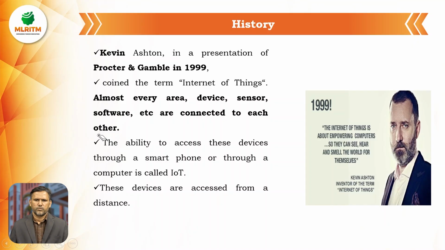As shown, the total area is covered with all the devices, all sensors, all gateways, all connected with the technologies. The ability to access these devices through smartphones or computers, accessed from a distance.